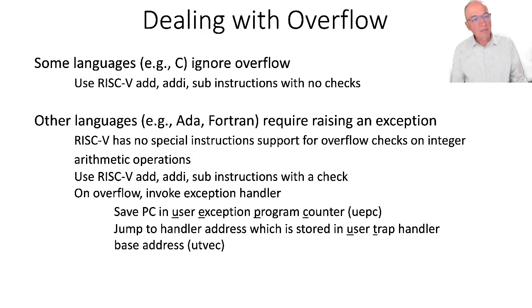This address is stored in a register called the user trap handler base address, that is the UTVEC. Those things, the exception program counter and the user trap handler base address, will become clear next week when we are going to be talking about exception handling in RISC-V.